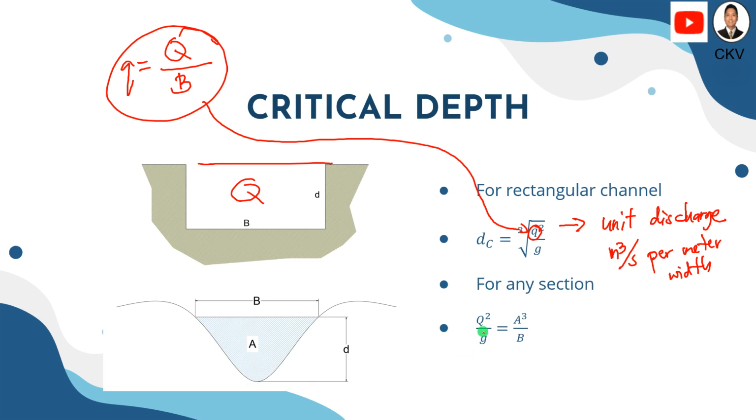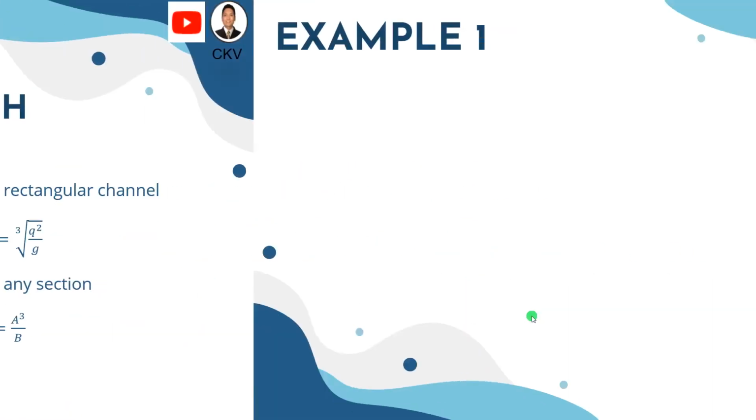The ratio of Q squared, which is the discharge in the channel, divided by g, is equivalent to A cubed, the cross-sectional area of the channel, divided by the top width B. Just use this equation and we'll be able to determine this critical depth d, which can be obtained here in determining the cross-sectional area of the open channel. Okay, that's how we obtain the critical depth.